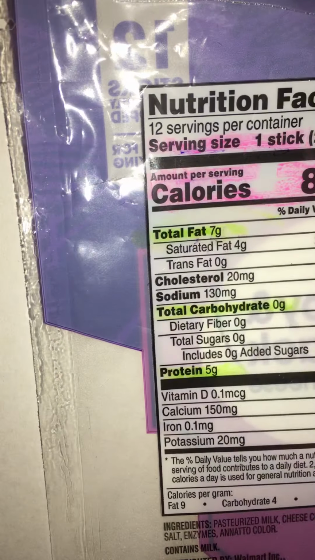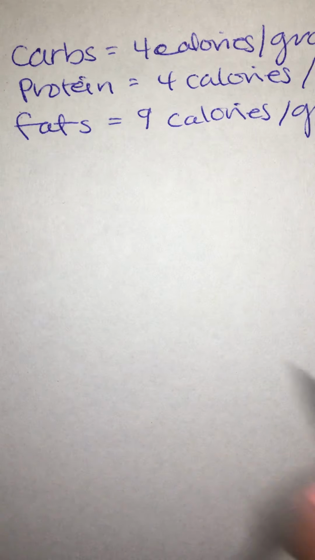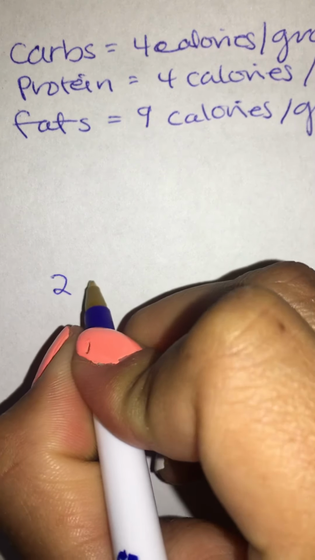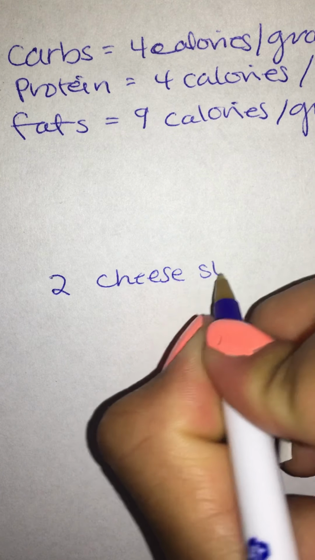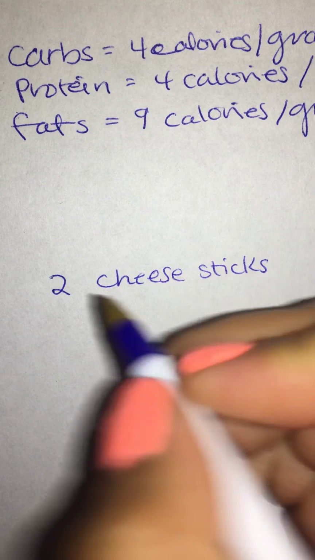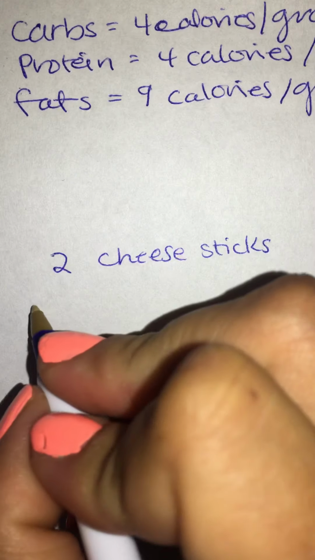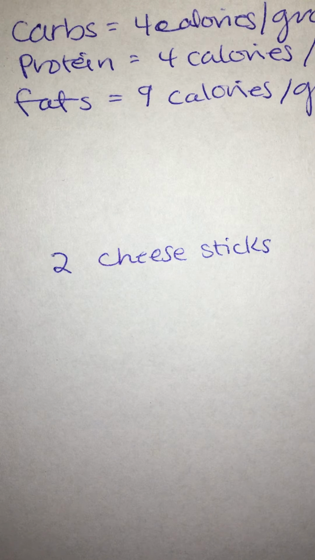So we're going to start with the cheese sticks. We said we have a total of 7 grams of fat. I'm going to say I eat 2 cheese sticks because I like cheese. I'm going to do 1 cheese stick at a time, just to make it easy.